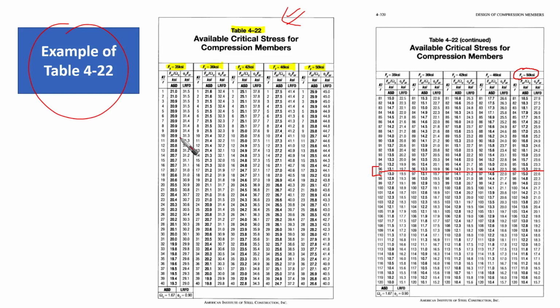Okay, and if you look at it, you are going to find that different yield strengths are given to you, as you can see here, and every column is divided into two sub-columns. The first one is related to ASD, and the second one is related to LRFD.